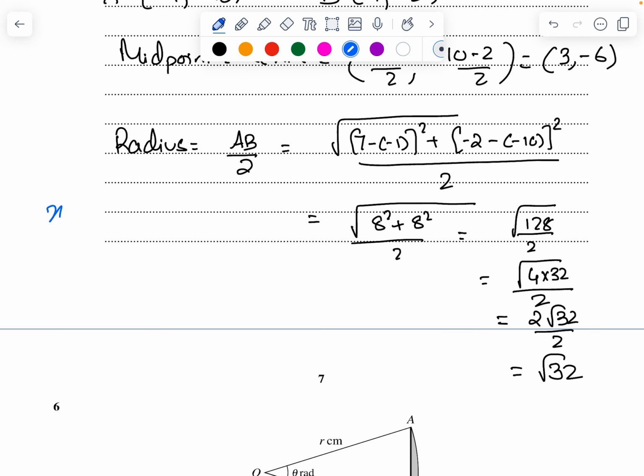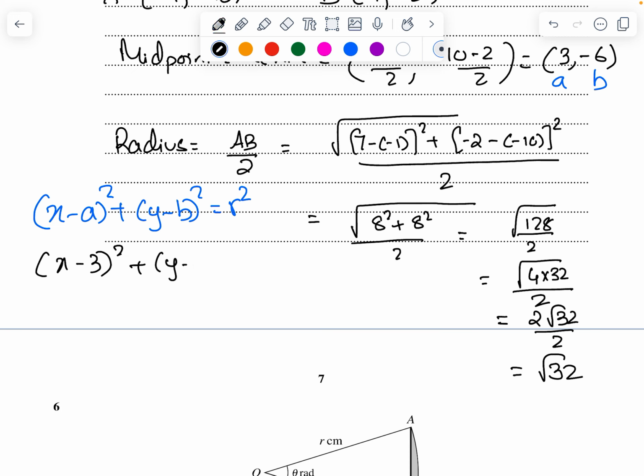Now we know the equation of a circle is (x minus a) whole square plus (y minus b) whole square equals r square. So (x minus 3) whole square, this is a, this is b, and (y minus minus 6), so y plus 6 whole square equals, and this is the radius r, root 32 whole square.